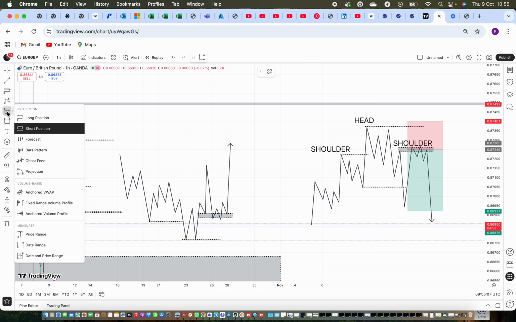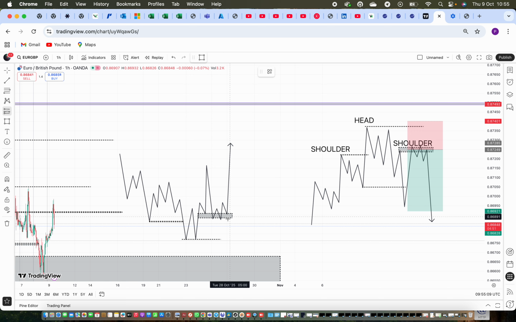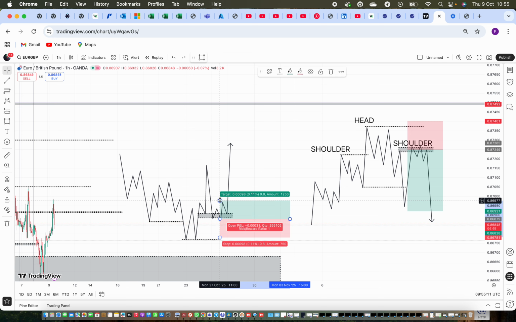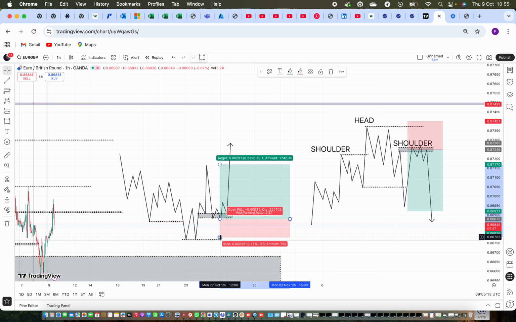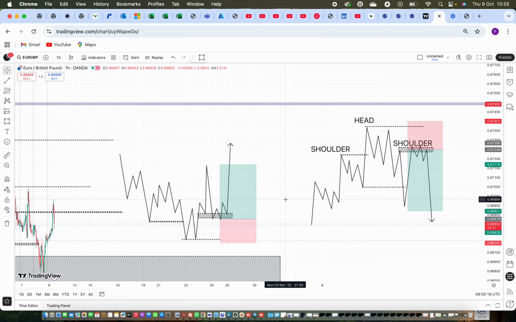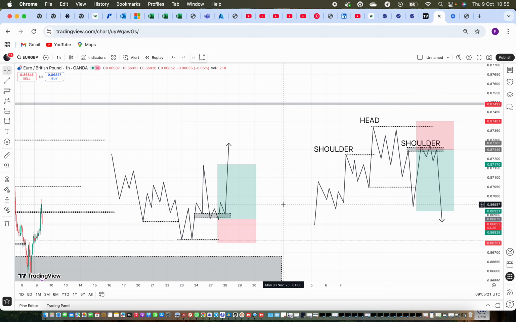And if we are to look for a possible entry, what are we going to do? Taking our trade, our stop loss a little bit below the head, and we can do 1 to 2 or 1 to 3 using this same pattern.